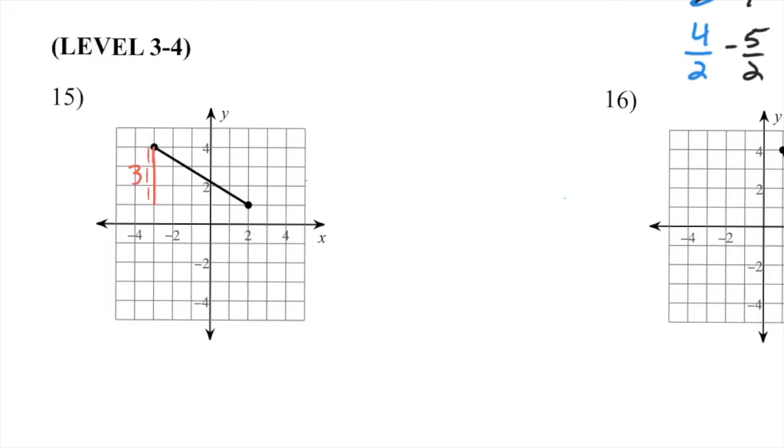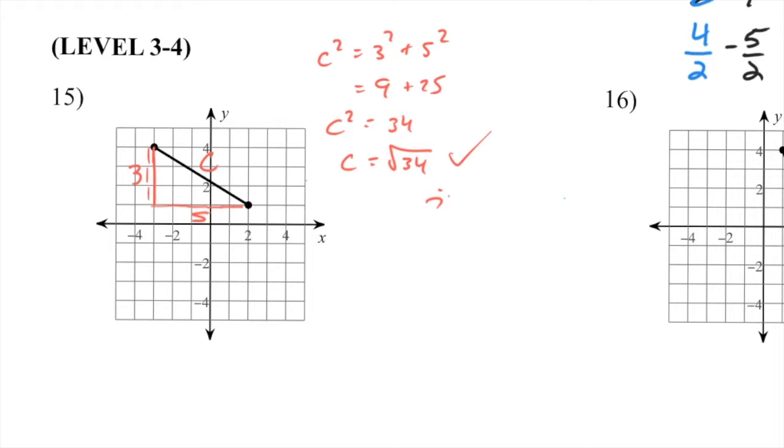So this is 3, 1, 2, 3, 4, 5. This is 5. So this length, c squared, is 3 squared plus 5 squared, that's 9, plus 25, that's 34, so c squared is 34, so c is the square root of 34. This can't be simplified, so you got to leave it. You could decimal it, that's fine too, but this is clean.